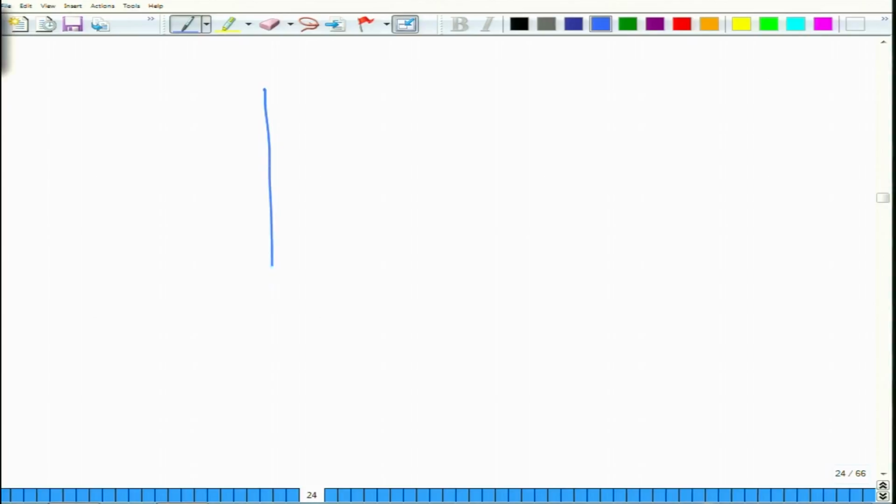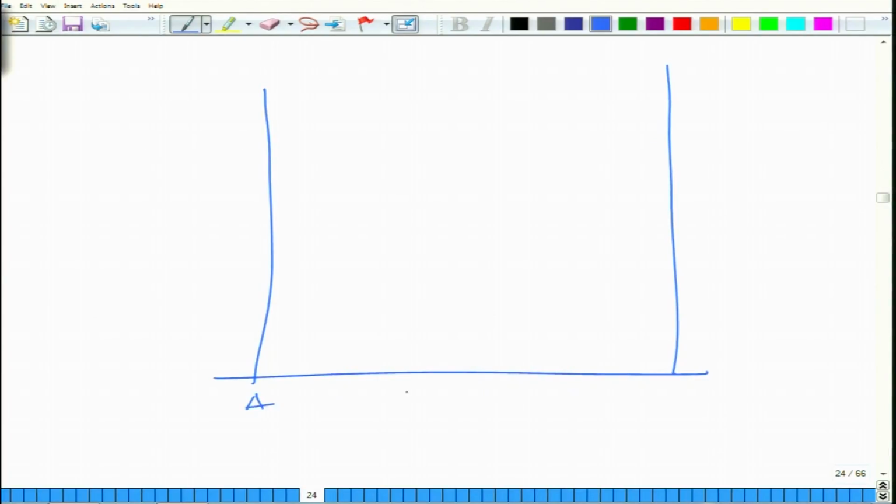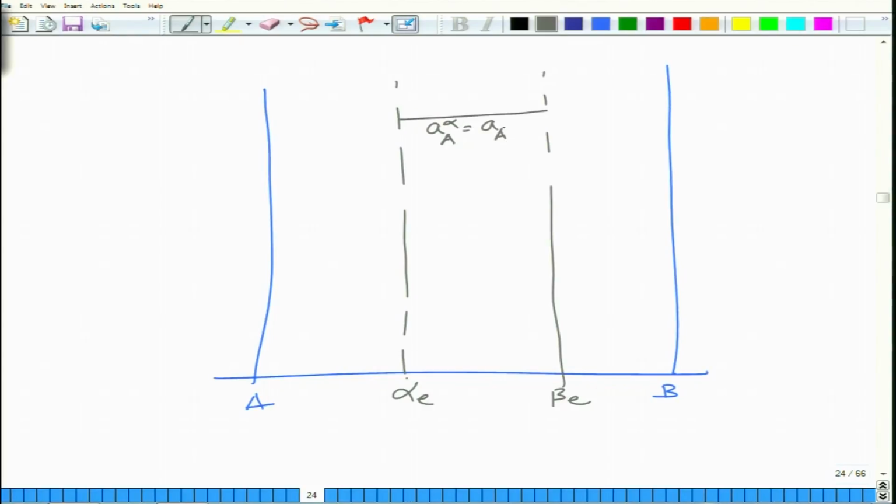Similarly, when you plot the activity variation for A A, again you have to draw these two lines, alpha E, beta E. Again you will have a region in which A A alpha will be equal to A A beta.